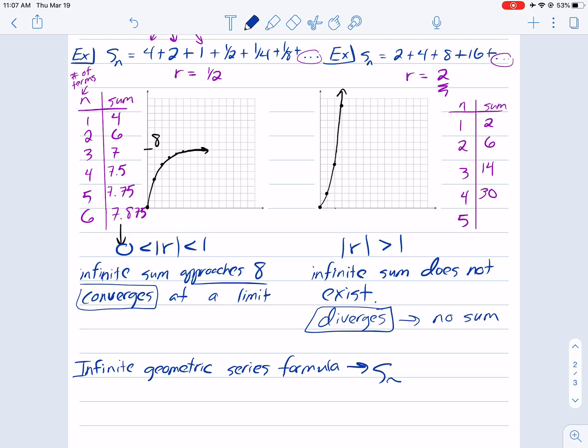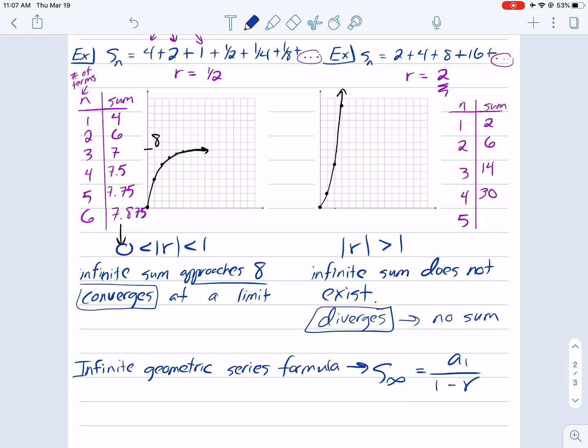The sum of an infinite number of terms equals the first term over 1 minus your ratio. Okay, and if we plug that in to that infinite geometric series we did on the left there, you'll see that we'll get 8 for our partial sum there.